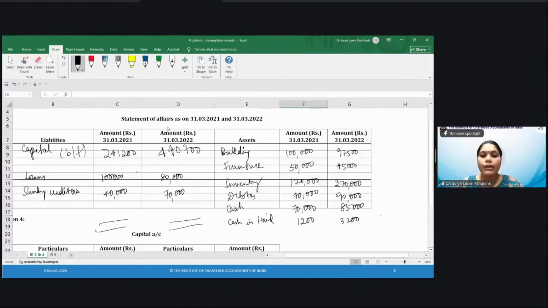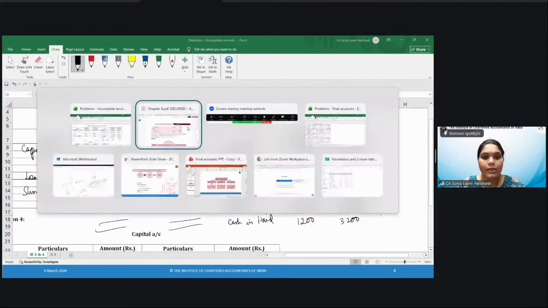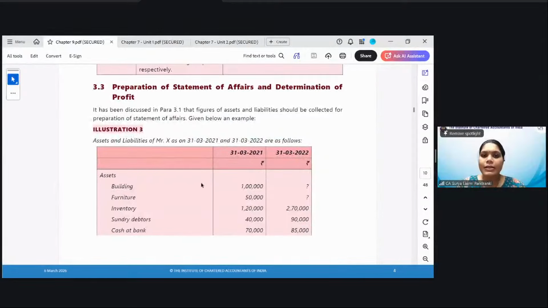So these two are nothing but your balancing figures. Where did I get these figures from? I can't get these figures from anywhere. I told you also, in a statement of affairs, after taking all the assets and liabilities, whatever balancing figure you have will be nothing but your capital account, because we don't have any capital account balance given. If you see this question also, they only gave you assets and liabilities.